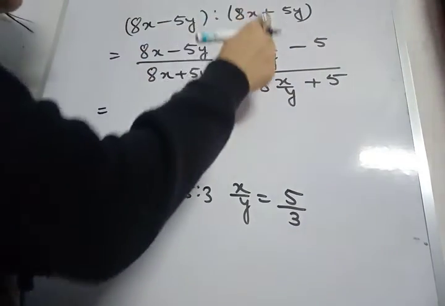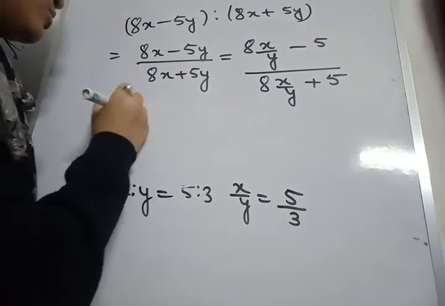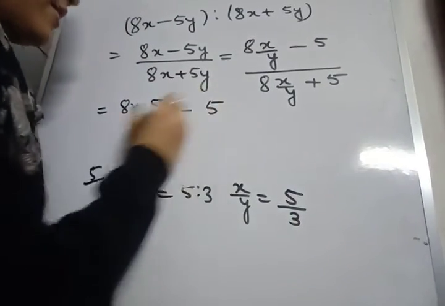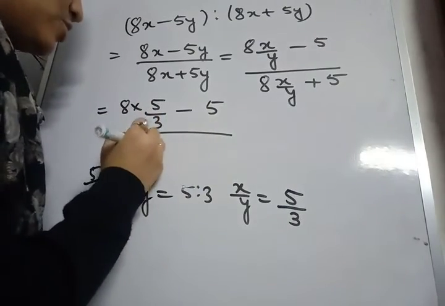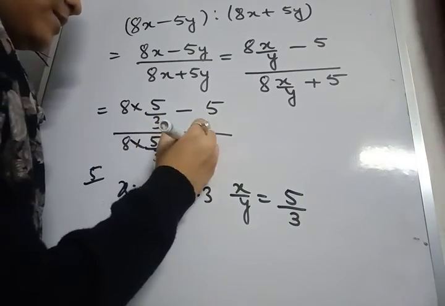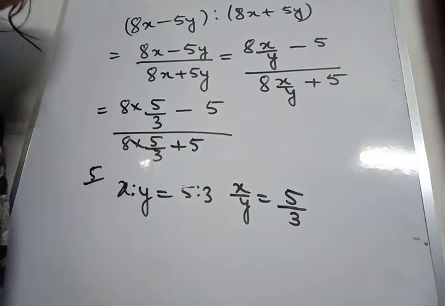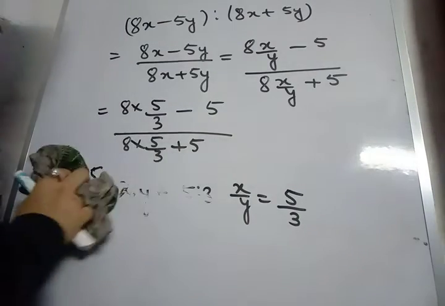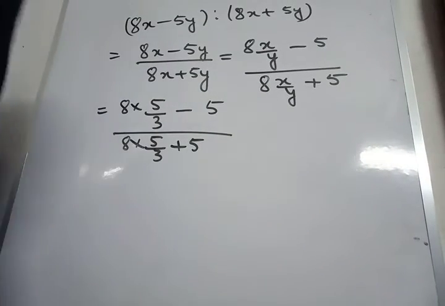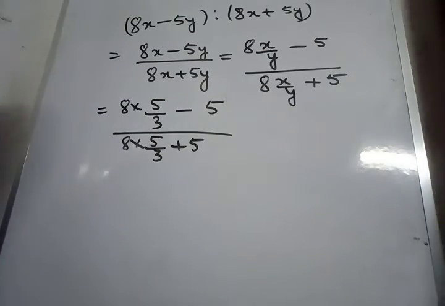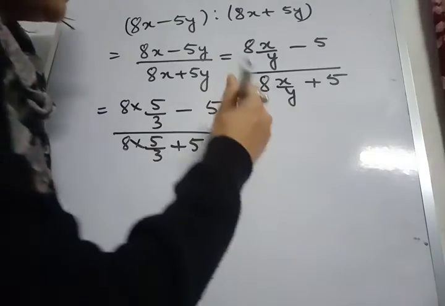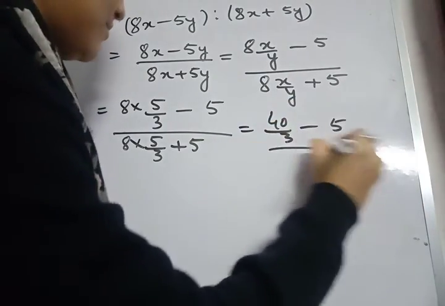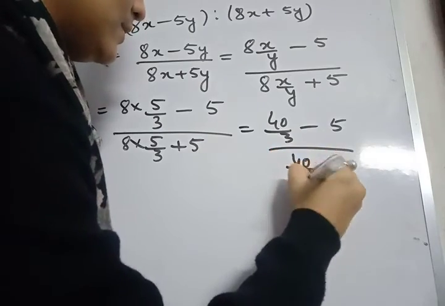Now I'll be putting the value of x by y, which is equals to 5 by 3. So 8 into 5 by 3 minus 5 divided by 8 into 5 by 3 plus 5. So this one is 40 by 3 minus 5. This one is 40 by 3 plus 5.